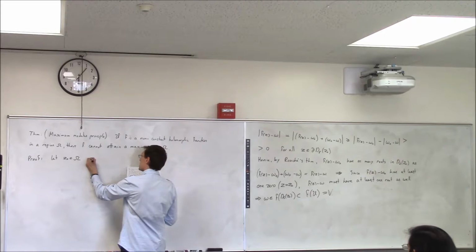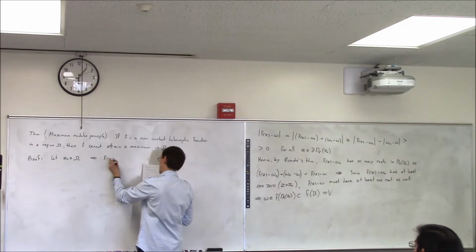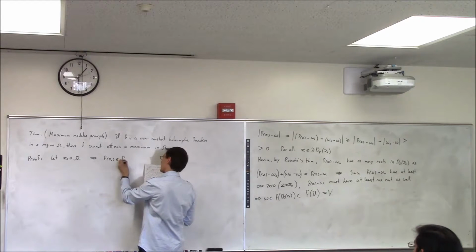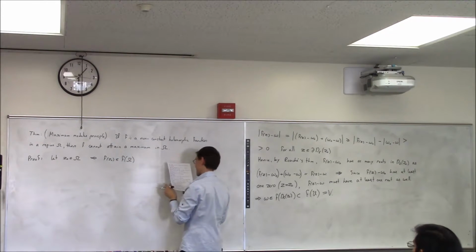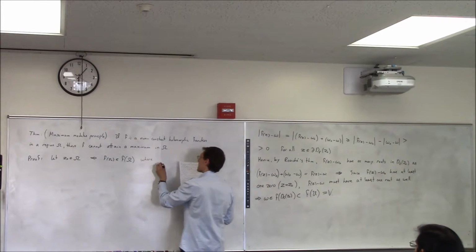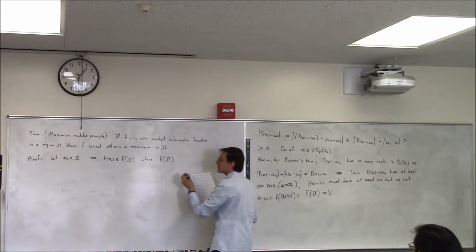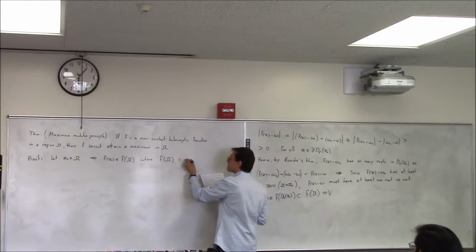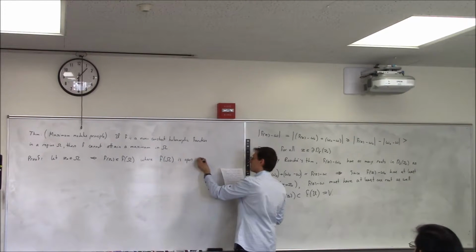And the implication is that f of z0 is an element of the image of omega in the complex plane, where f of omega is open by the previous theorem.